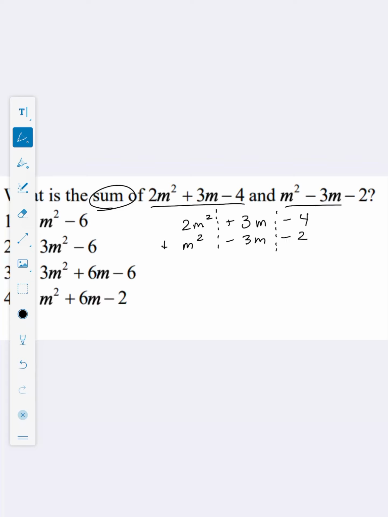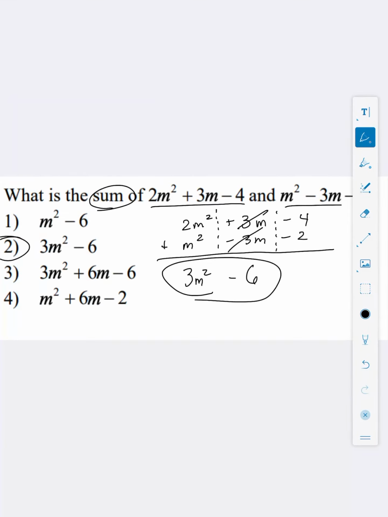And then I combine my constants. When I do that, I should be left with 3m squared. 3 minus 3 is 0, so I don't have to write anything for my m term. And negative 4 minus 2 is negative 6. Should be choice 2.